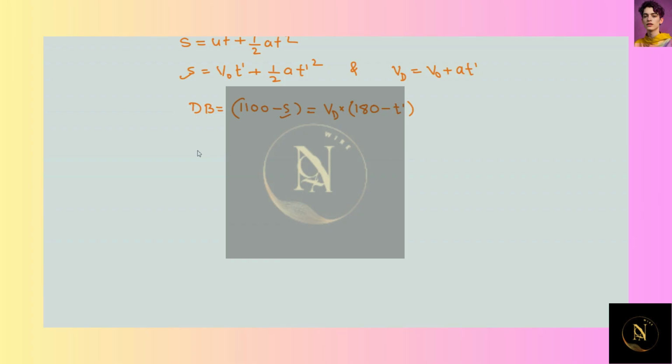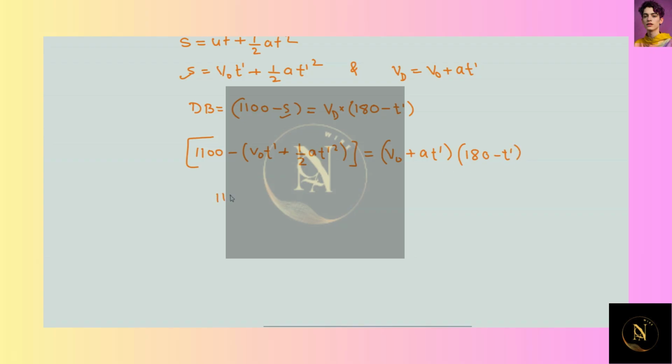So we get 1100 minus S, that is V naught T dash plus half A T dash square, on my left side, equal to Vd, that is V naught plus A T dash, multiplied by 180 minus T dash.